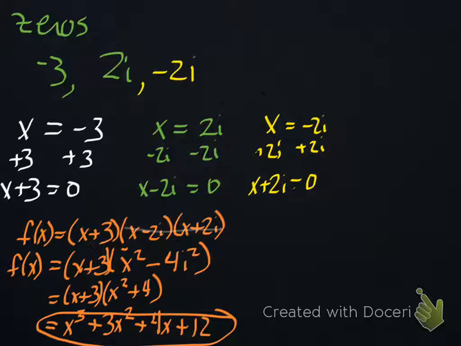This next one, I don't want to spend the whole time going through and multiplying it again, so I'm just going to help you get set up on it. We have x equal to 3 plus i and -1.